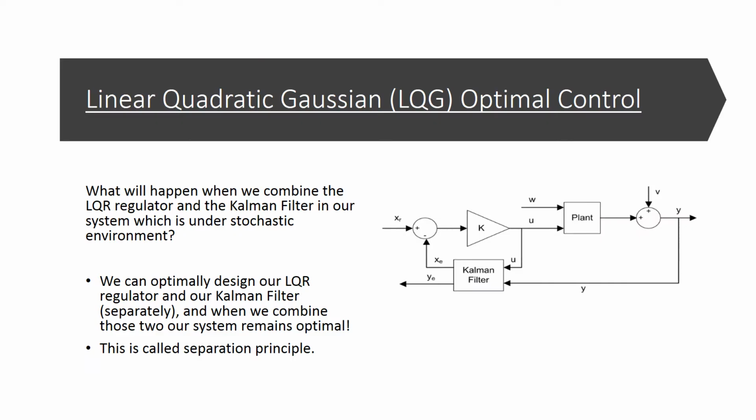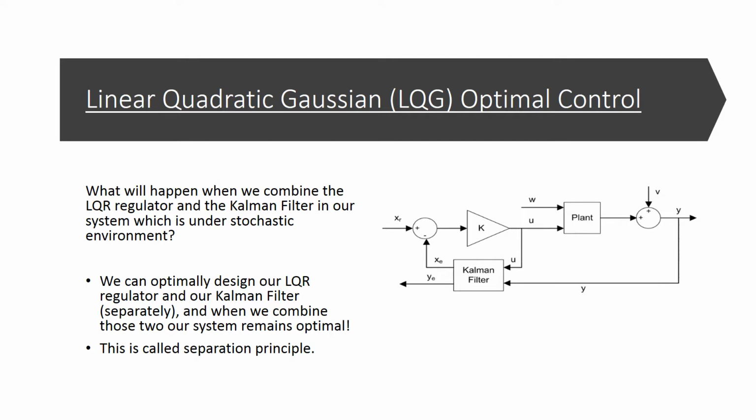All right, so what is linear quadratic Gaussian optimal control? We have seen previously that we have built our Kalman filter and we know what an LQR regulator is. When we combine both of those into our system, that system is called the linear quadratic Gaussian optimal control system.